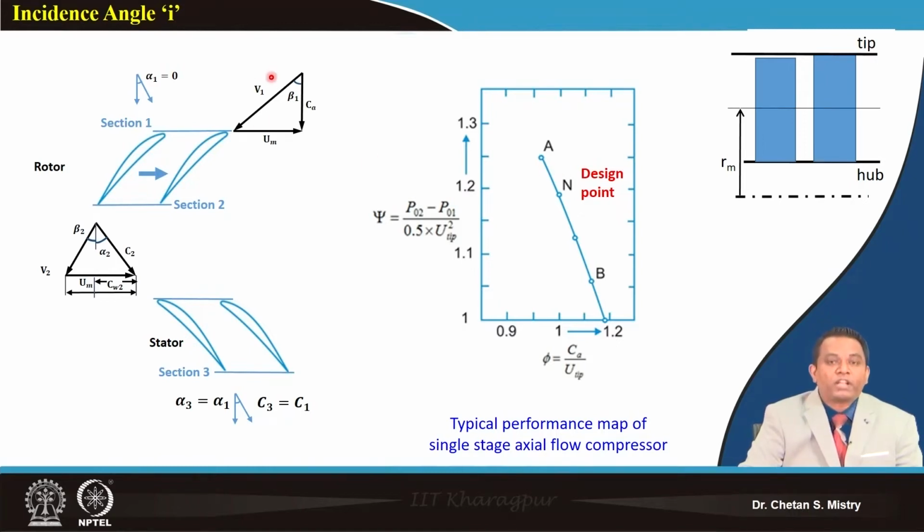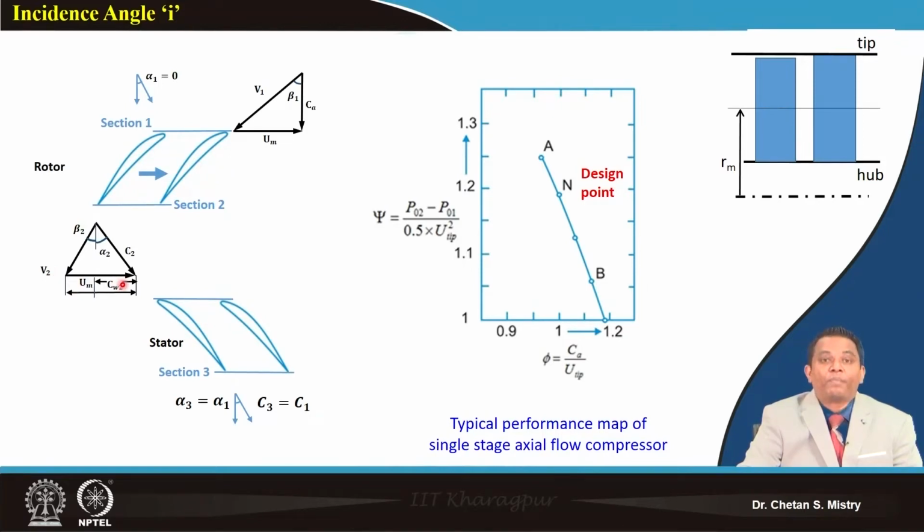Now, suppose this compressor has axial entry. This will be my velocity triangle, where we have already discussed the axial velocity, peripheral speed and relative velocity. This is my air angle, beta 1. In the same way, at the exit the flow comes out with air angle beta 2 and velocity V2.